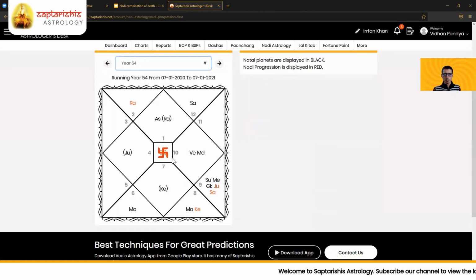Here in this case, what you will see is progress Saturn, which is indicated in red color, is in the Sagittarius sign, and it is conjoining with the natal Sun. So the progress Saturn is impacting the natal Sun.